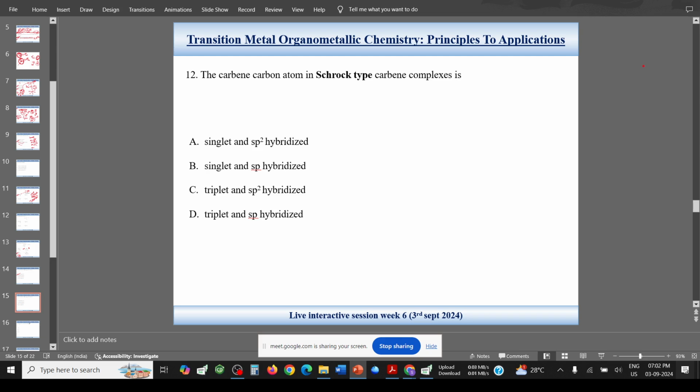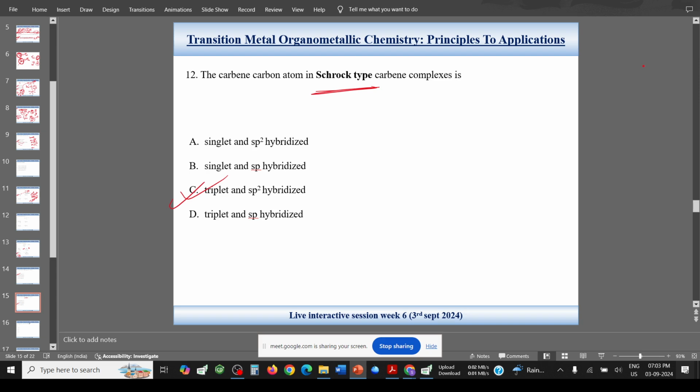For Fischer carbene, you are right, it was singlet and sp2 hybridized. And for the Schrock type carbene: Triplet and sp2 hybridized, sir. Yes. So Schrock type carbene is triplet and sp2 hybridized.